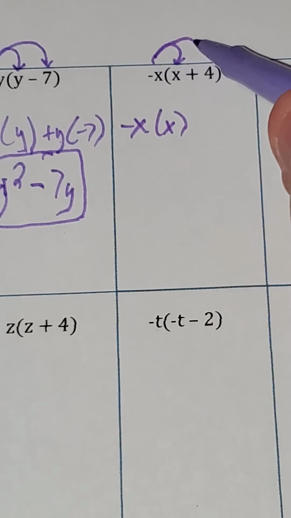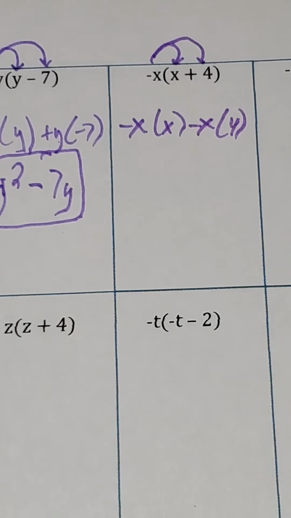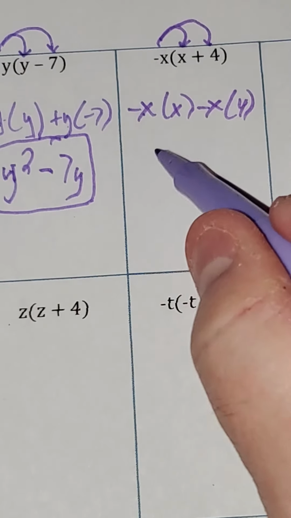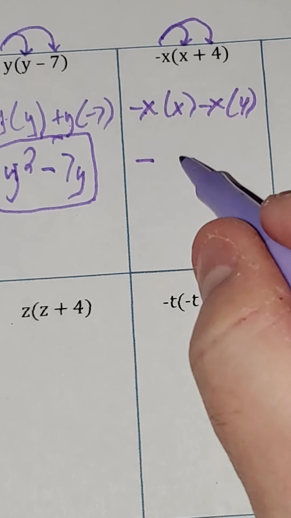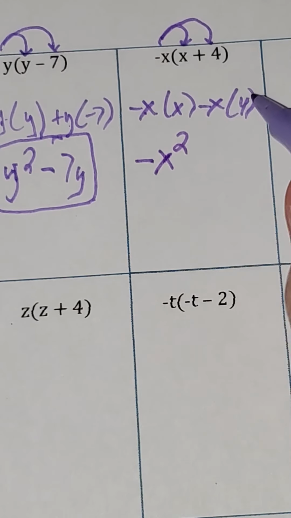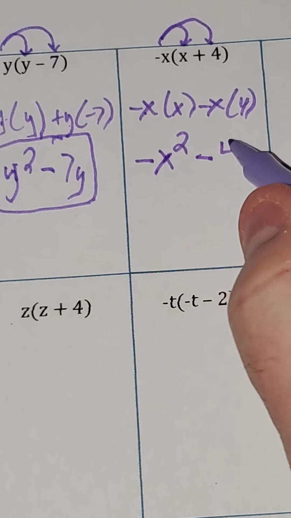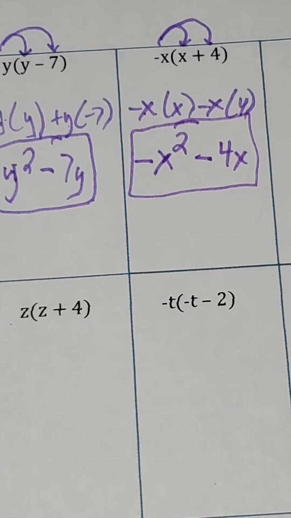And then we're going to take the negative x again and multiply it times a positive 4. A negative times a positive gives us a negative. X times x is x squared. A negative times a positive gives us a negative. 4 times x is 4x, and we are done.